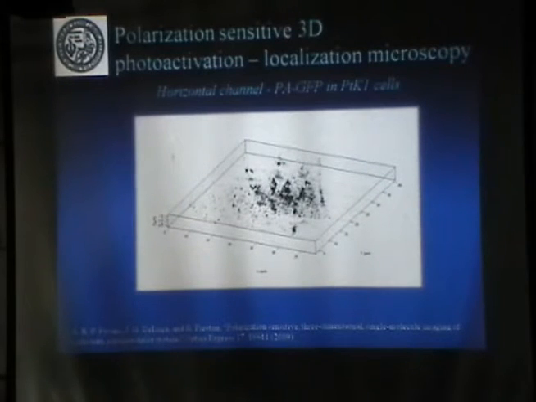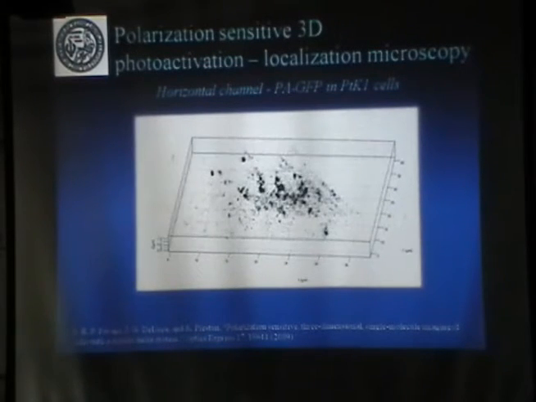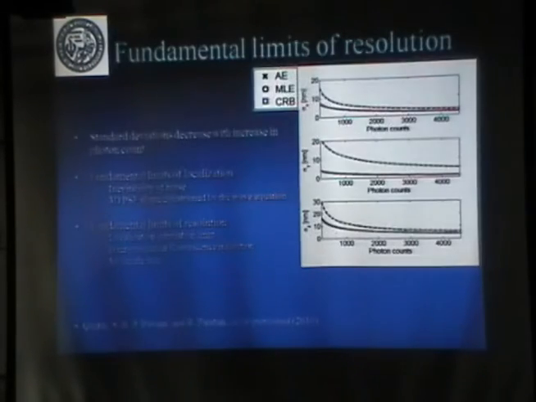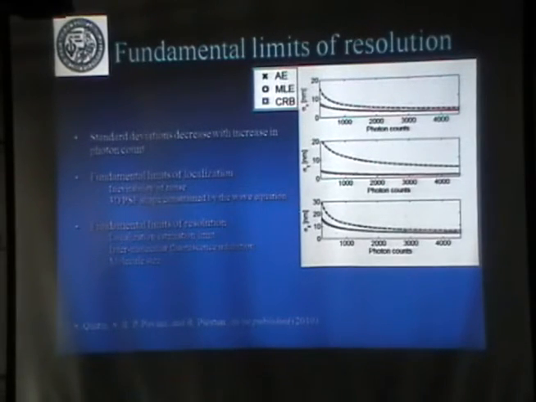The limit is essentially how well you can localize things, and that depends on this. The limit is given by the Cramer-Rao bound, and that bound is a function of the number of photons. So this variance, if you have more photons, goes down. If you have fewer photons, the variance goes up.